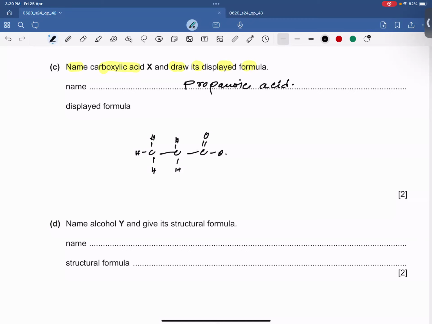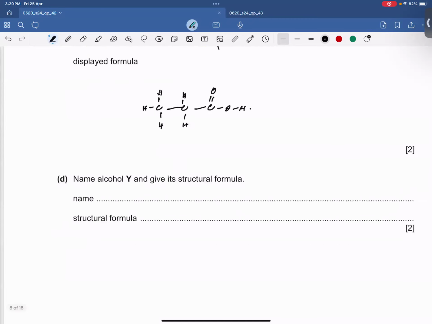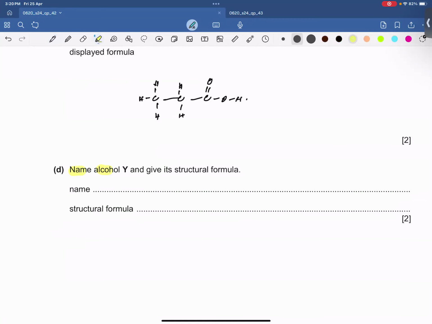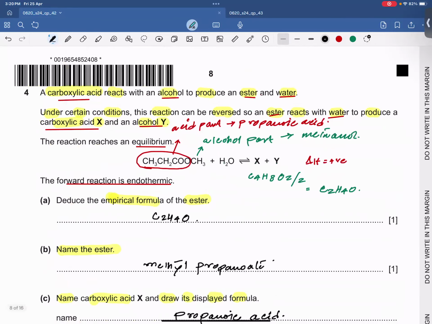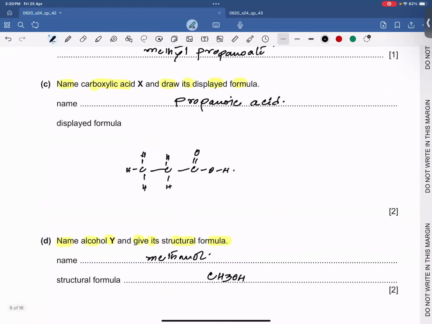And this is COOH. Name alcohol Y and give its structural formula. Methanol. And its structural formula is given in the register, which is CH3OH. Okay. That's an easy question.